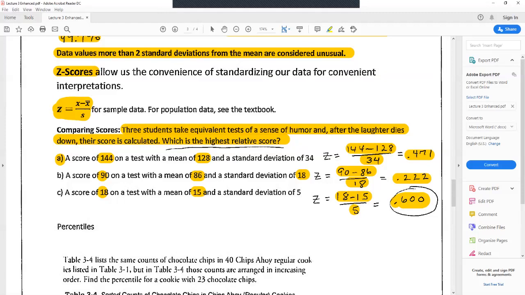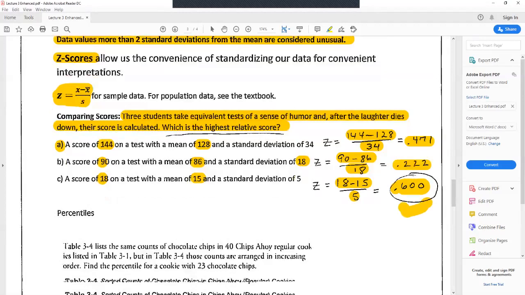Okay, he scored the lowest, but for his group, he actually, relatively speaking, scored higher, right? He has a 0.6, so he is definitely one of the standouts in his group. So relatively speaking, even though he scored less than the other students, if you examine him in the context of those in his group, he did better.